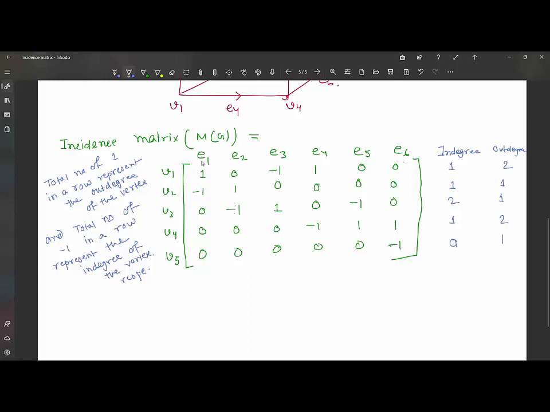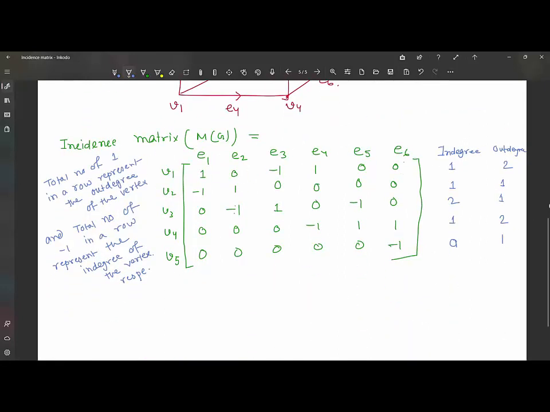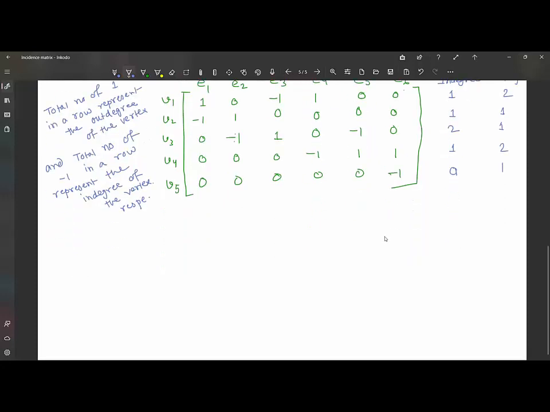This is the total in degree and out degree, and the sum of the in degree and out degree is the degree of the vertex. So this is the matrix for the digraph, and for the digraph you can observe these properties also.